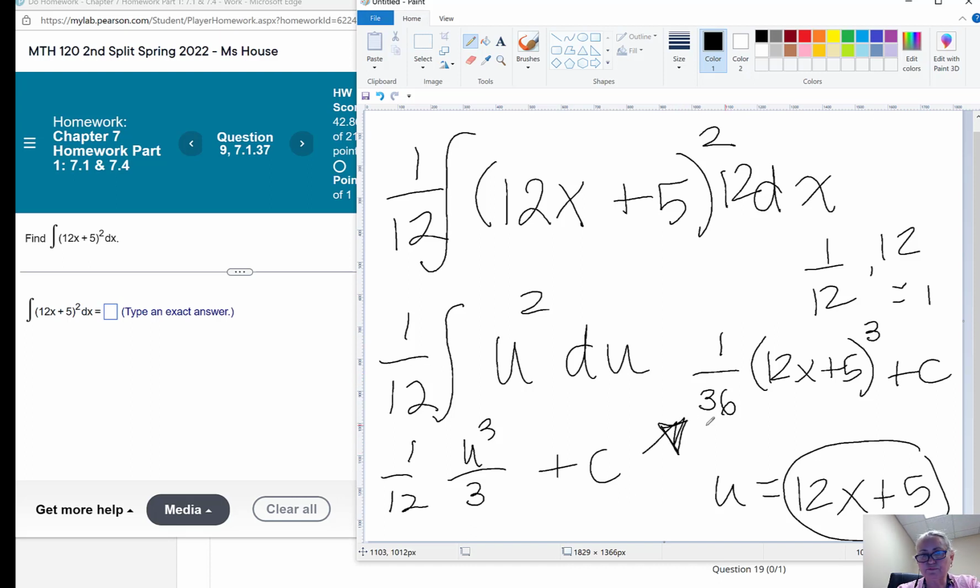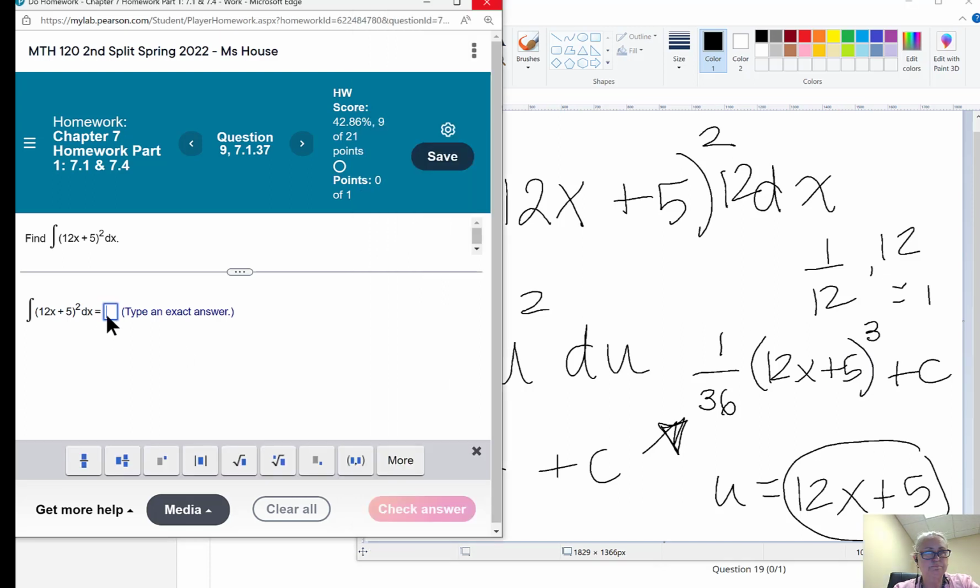So I resubstituted, I simplified, and I put in the value for u. We'll have to do a couple of these. So 1 over 36, 12x plus 5 to the third plus c.